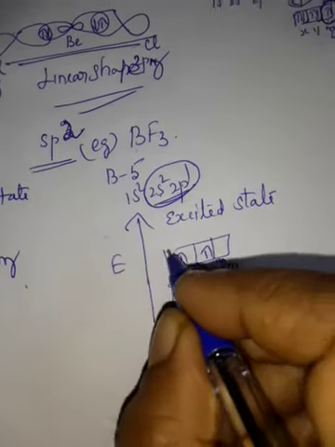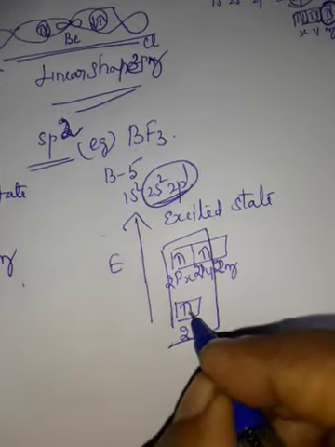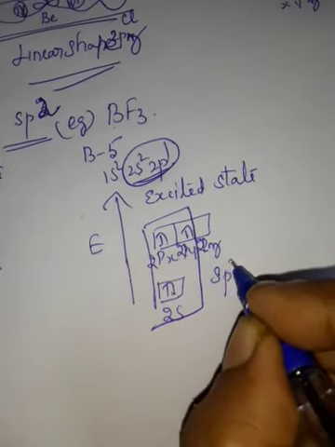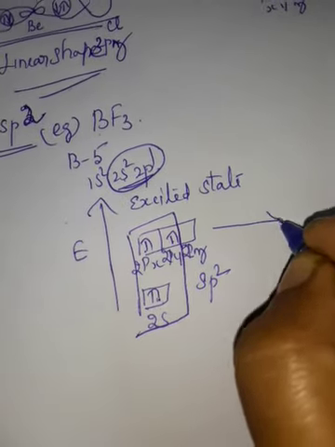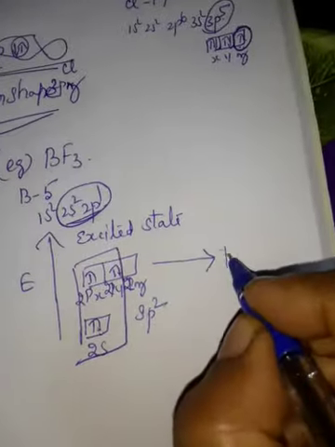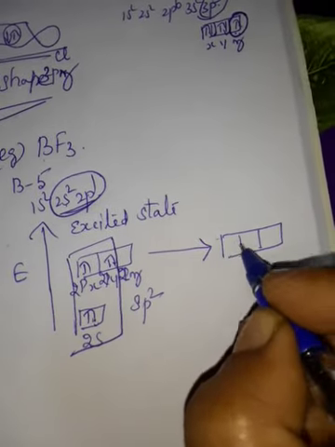So hybridization, s, p1, p2, sp2 hybridization. So 1, 2, 3.